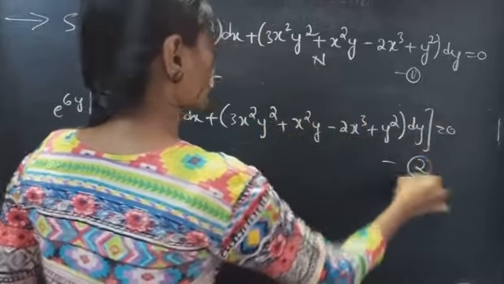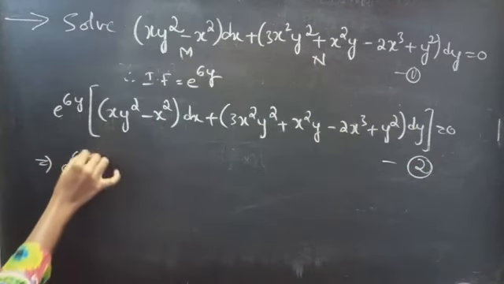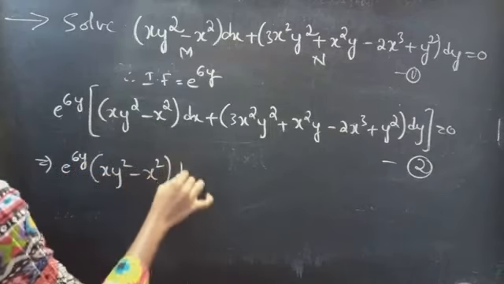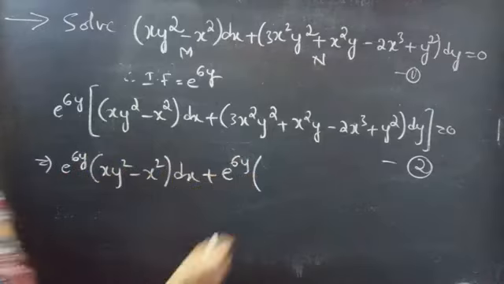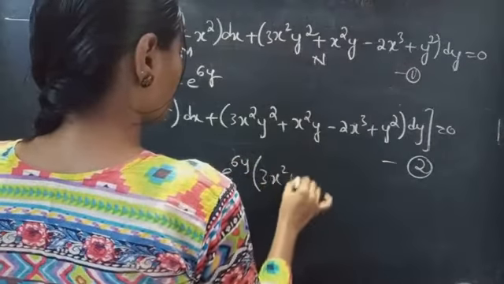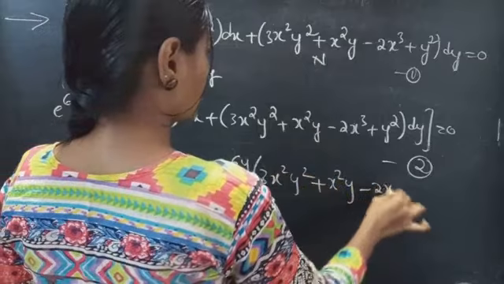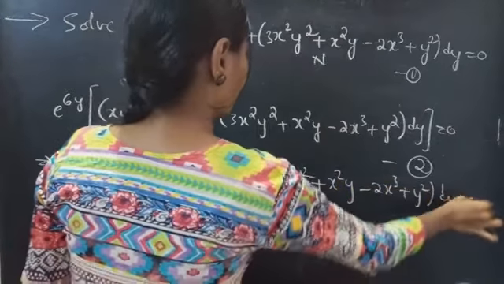Consider this as equation number 2. We can write this as e power 6y times xy square minus x square into dx plus e power 6y times 3x square y square plus x square y minus 2x cube plus y square into dy equals 0.